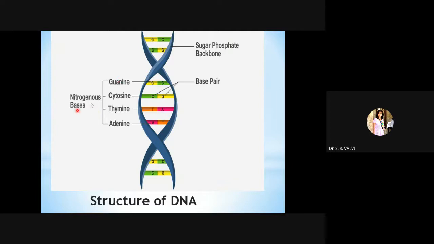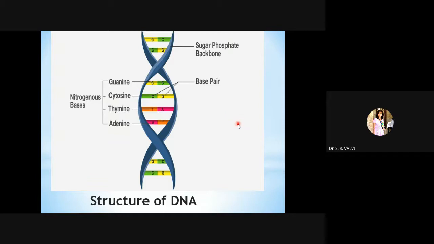Okay, all these are what? Guanine. G stands for guanine. C stands for cytosine. T stands for thymine, and A stands for adenine. So likewise, these are guanine, cytosine, thymine, adenine. These are the four nitrogenous bases which are present in DNA, right?